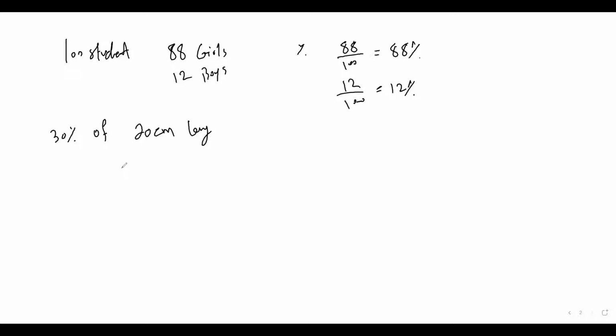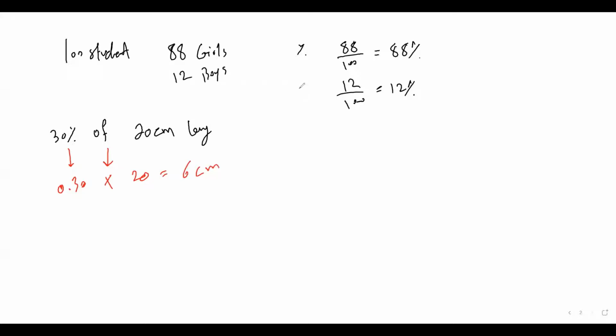So what you do, I think I have already mentioned this before, you treat this "of" as times, right? And you just multiply 30%, which is basically 0.30 or 0.3 times 20. And the answer would be 6 cm in this case, right?